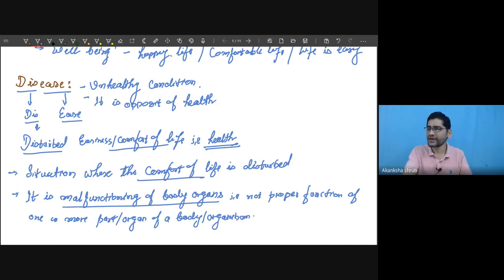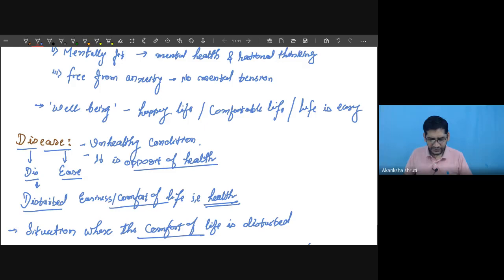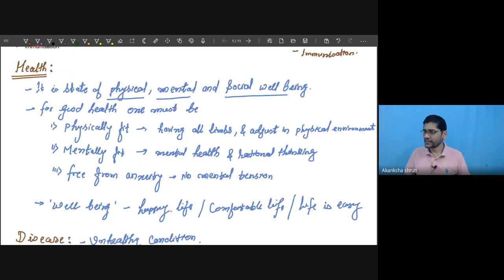So what is this disease? Disease simply means you are not healthy. Just the opposite of health is called disease. If the person is healthy, we can say he is free from disease. If the person has a disease, he is not free from the malfunctioning of his organs, so he is said to not have good health.